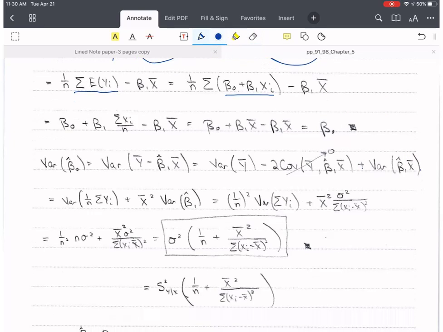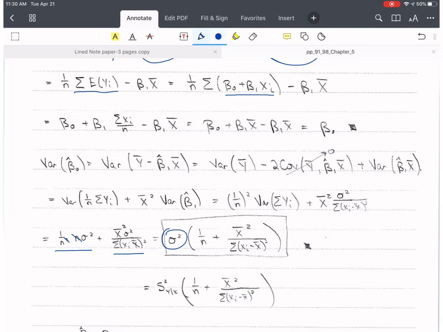Now, the variance turns out to be, if we solve this, 1 over n squared times n, so this n and this cancel, sigma squared, plus x bar squared sigma squared over the sum of the x's, xi minus x bar squared.